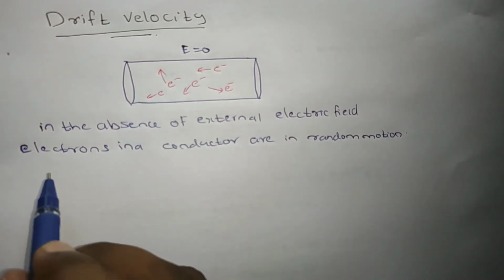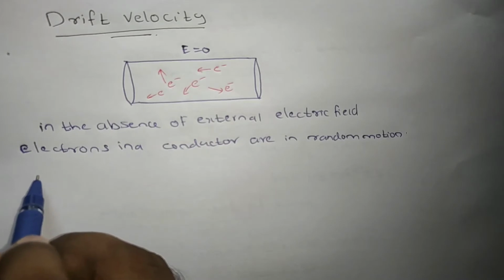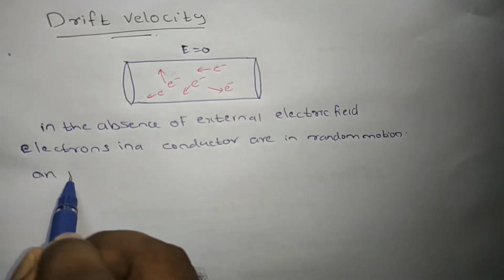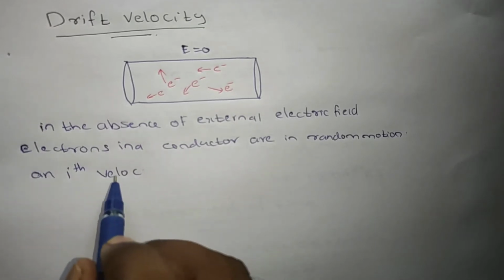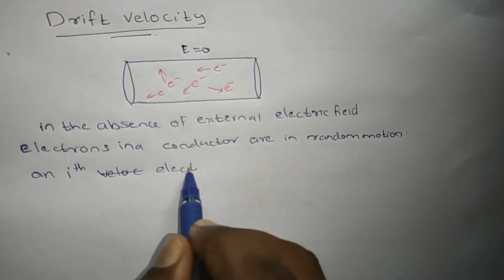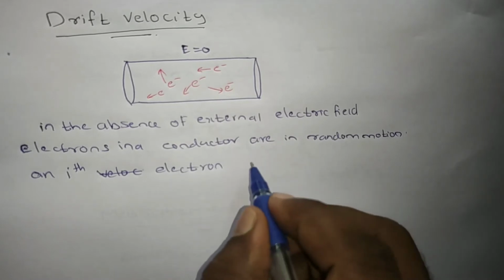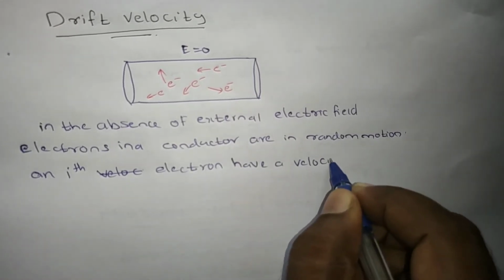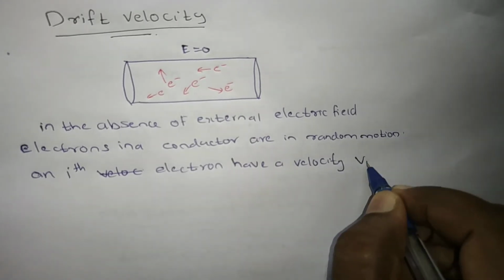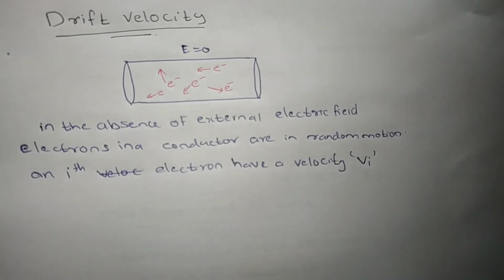First of all, I am going to consider an ith electron. The ith electron has a velocity v_i. This is the velocity of the ith electron.